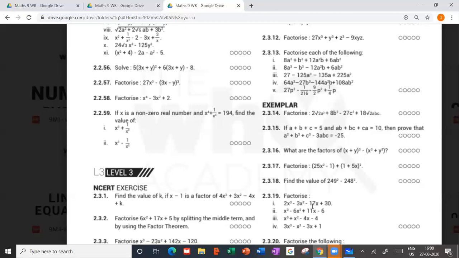Okay, they are saying x plus y. Why have they removed it? Okay, so the thing is, in the solution they are not considering the first term as a cube.